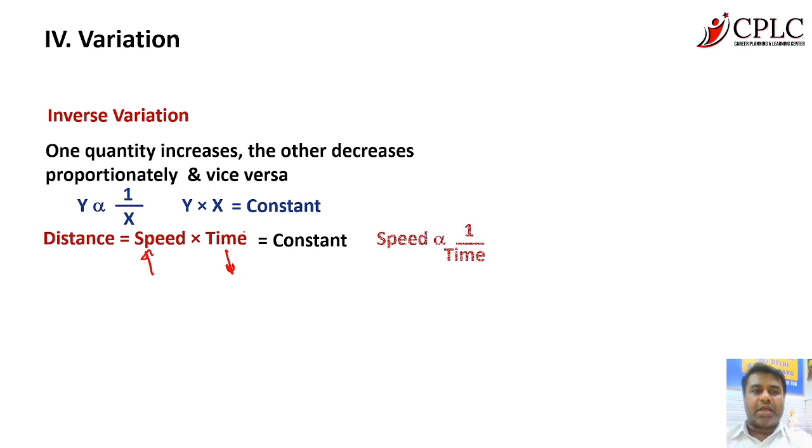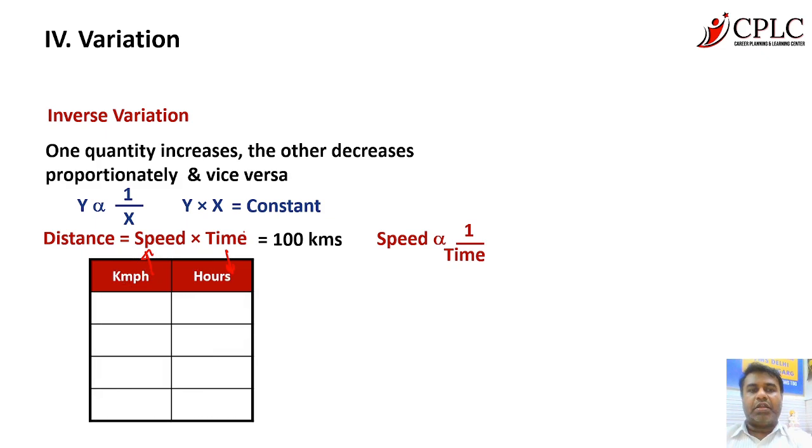Let us take one more example. Suppose the distance is 100 kilometers, and I am traveling this distance in 1 hour, so 100 kilometers is getting covered in 1 hour. Now let us assume the speed I am traveling with is decreased. Suppose the speed is decreased to 50, correct?